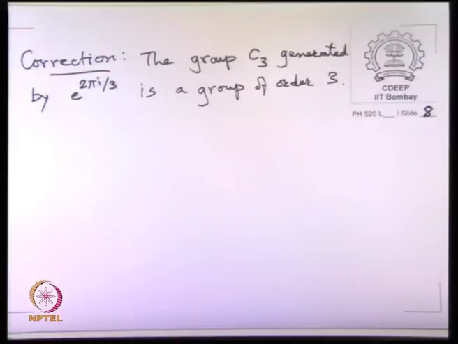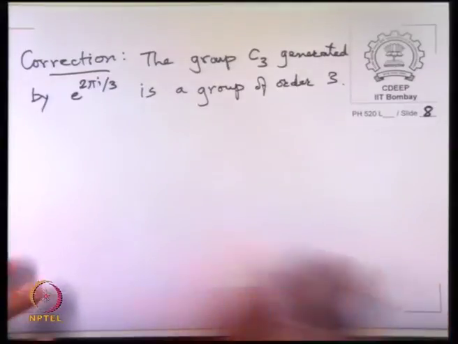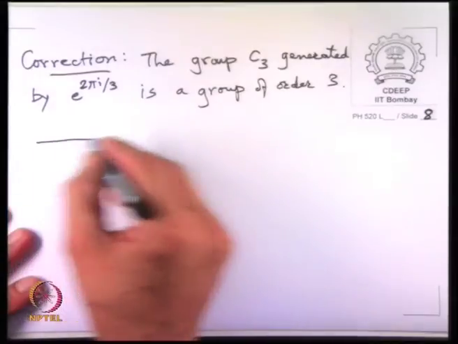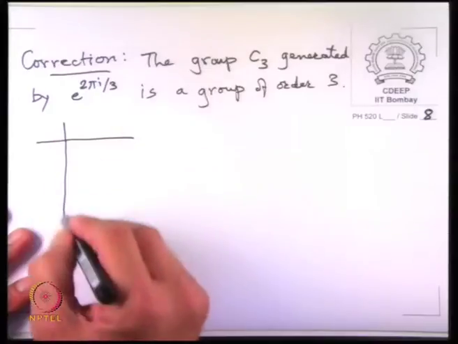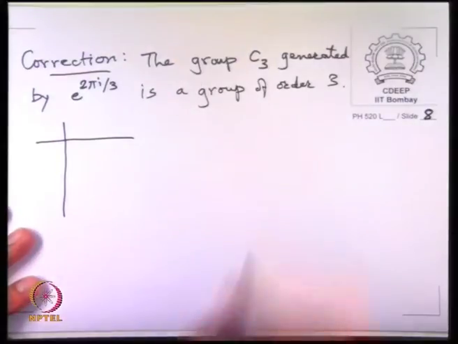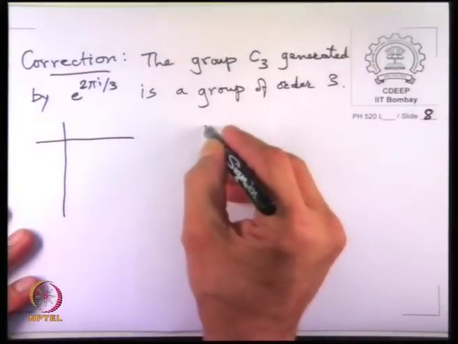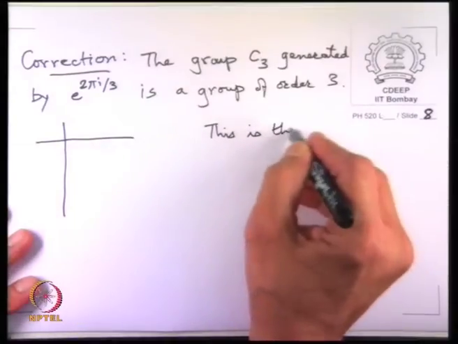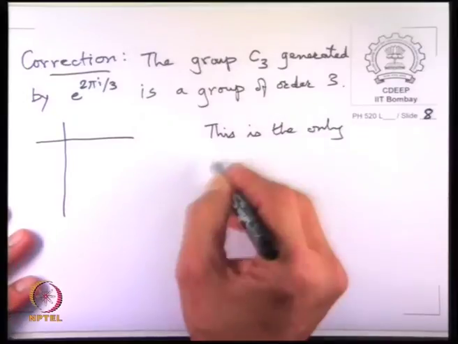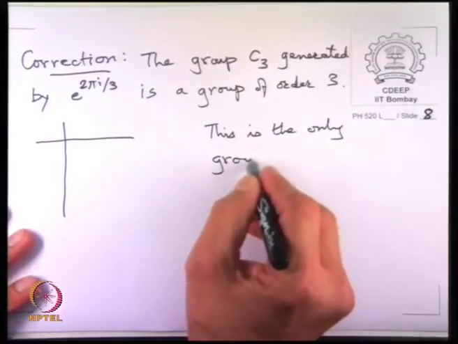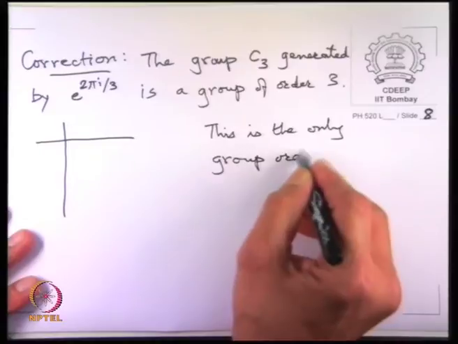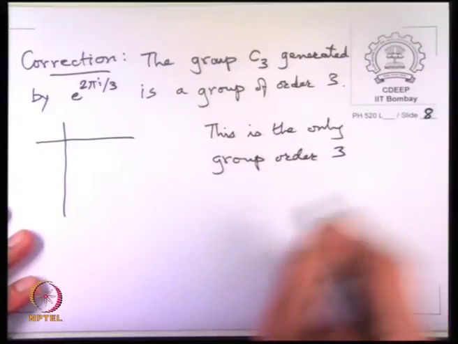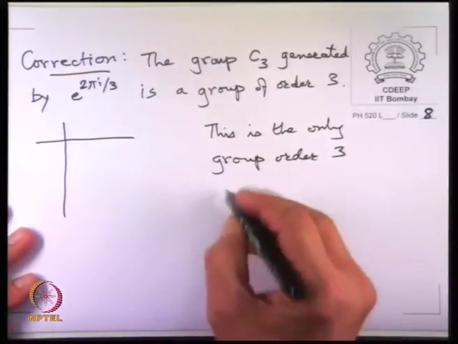Yeah, and this is the only group of order 3. There is no other group, and it's abelian. So what we are claiming is that this is the only group of order 3, and it is also commutative.